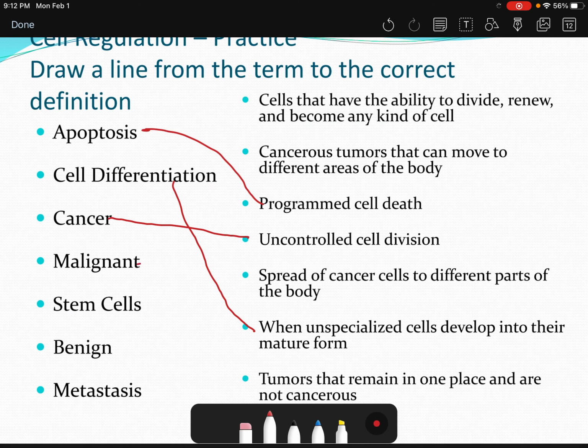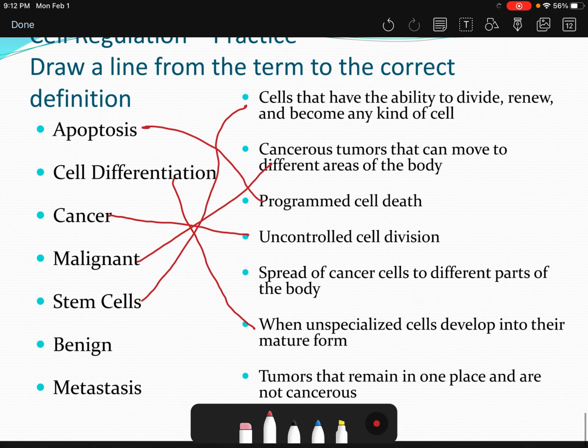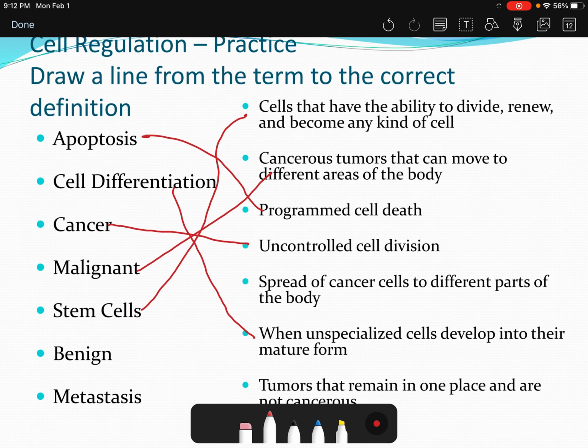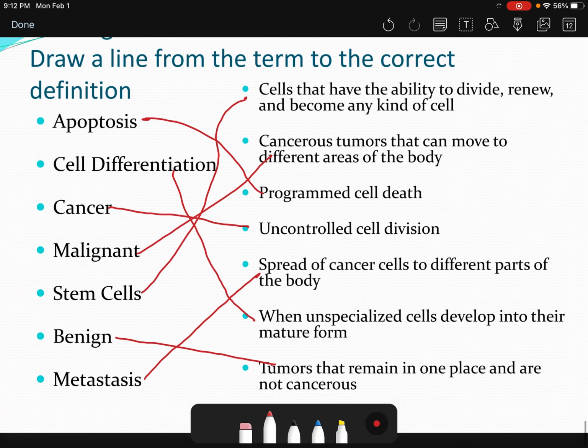Malignant means that's the bad kind. That's cancerous tumors that can move to different areas of the body. Stem cells. These are cells that have the ability to divide, renew, and become any kind of cell. And then benign tumors. Tumors that remain in one place and are not cancerous. And metastasis is the spread of cancer cells to different parts of the body.